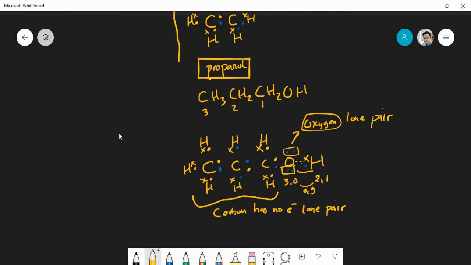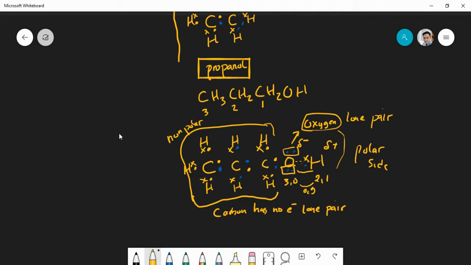So you will expect there is partial negative on oxygen, partial positive in here. But the rest of the structure will be equally shared. So this is going to be the non-polar side, and this is going to be the polar side. The polar side.